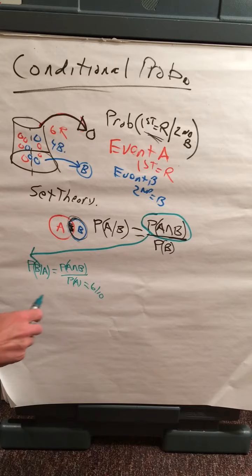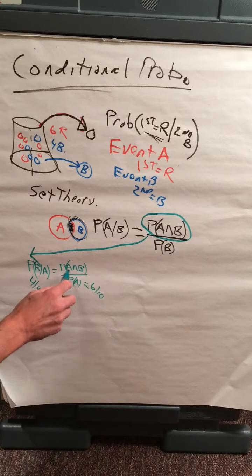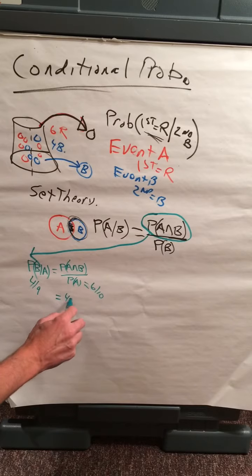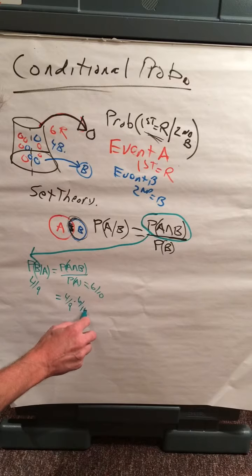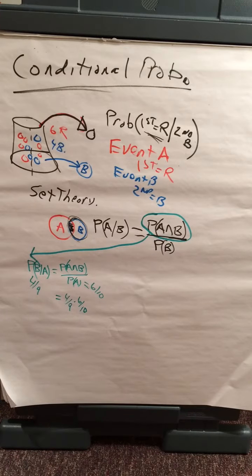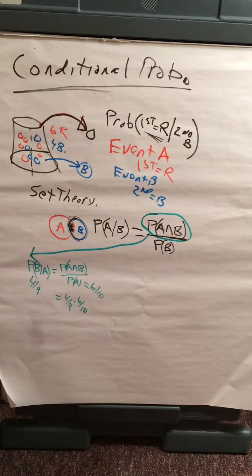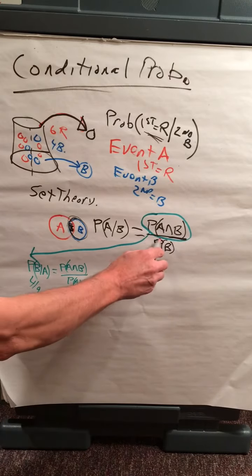Well, that is 4 over 9. So now the probability of A and B is equal to 4 over 9 times 6 over 10. Okay, now that gives us the probability of A and B. Now, let's look at it a little differently. What's the probability of B?